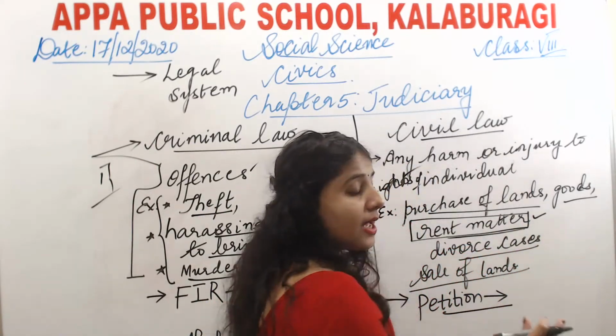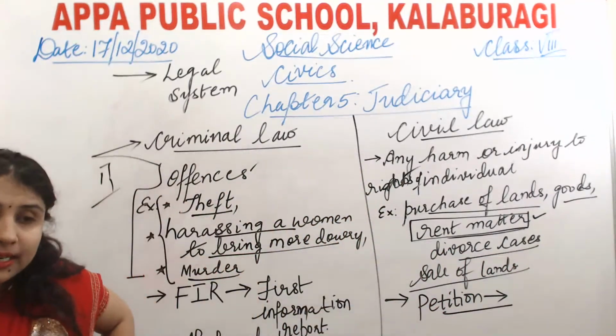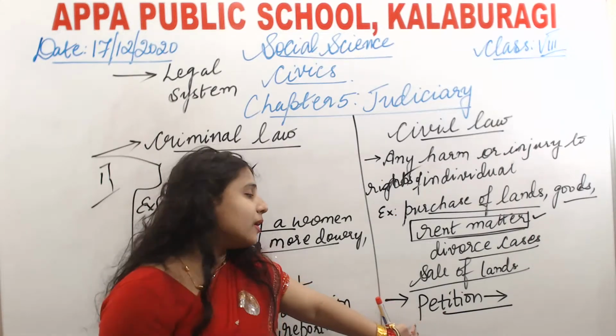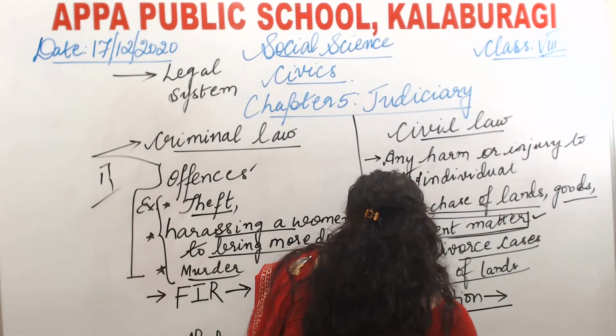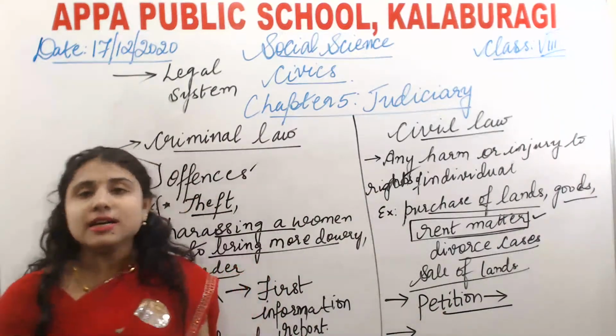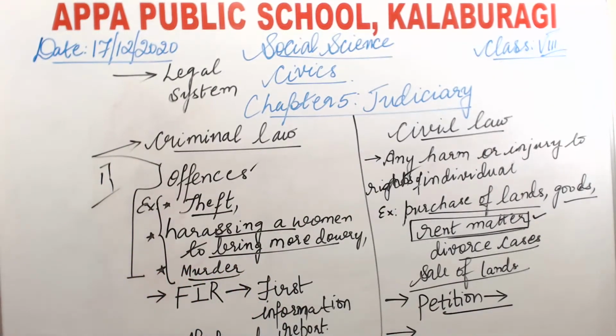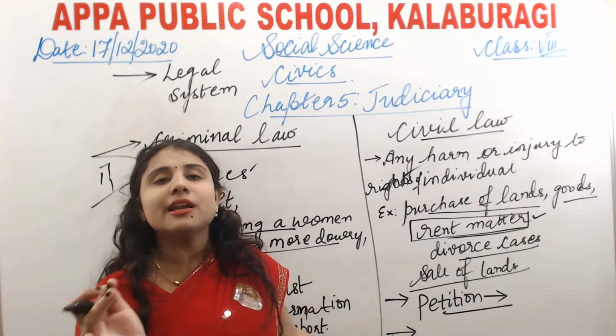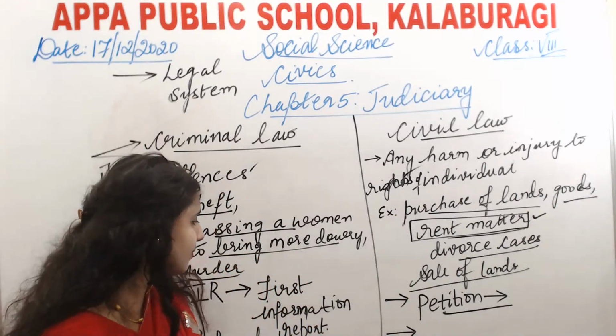Either a landlord or a tenant goes and files a petition in the court. And what does the court order? It orders the flat to be vacated or the pending rent to be paid.